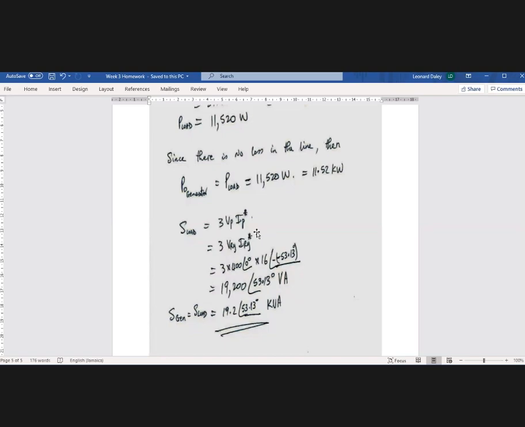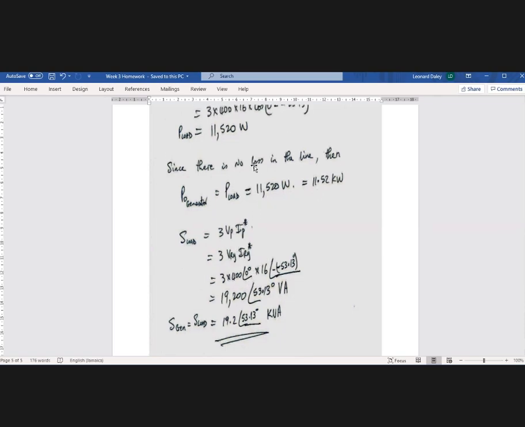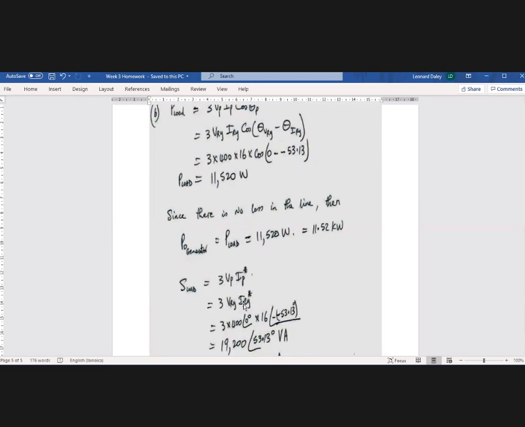With me? Why this is important now is because the angle for an inductive load is positive. The S angle for an inductive load is positive. So if we had used a minus from the current, we would have a minus angle here. So it's actually the conjugate that you should use when you're finding the apparent power.